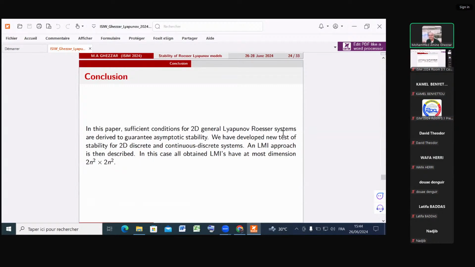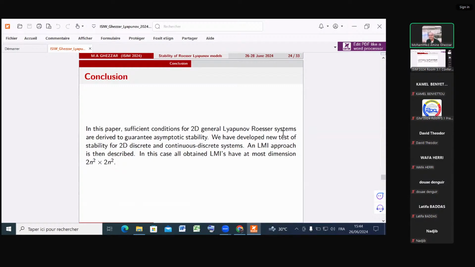In our presentation, we have just presented the discrete time case. An LMI approach is then described, and the conditions obtained are in terms of LMIs and have at most dimension of 2n squared times 2n squared.